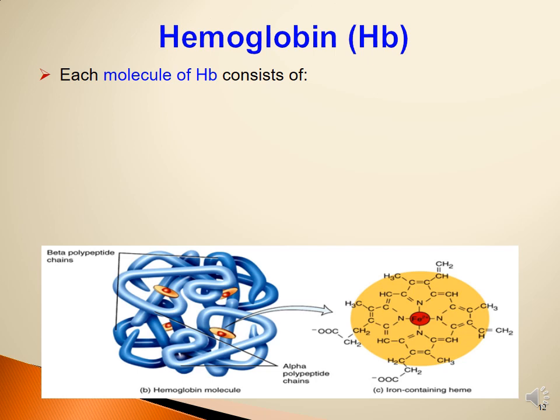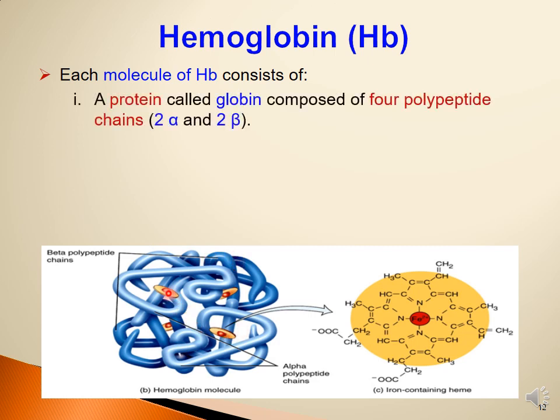What is the composition of the hemoglobin molecule? The hemoglobin molecule, as you can see here, is composed of 4 polypeptide chains, and these are 2 alpha chains, here the light blue ones, and 2 beta chains, the darker blue polypeptide chains.